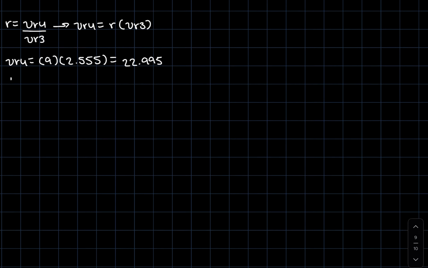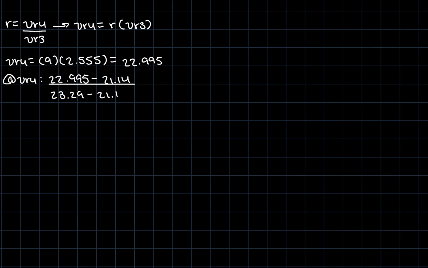And using that, we can interpolate again for our U4 value. 22.995 minus 21.14 divided by 23.29 minus 21.14 is equal to U4 minus 810.62 divided by 793.36 minus 810.62.